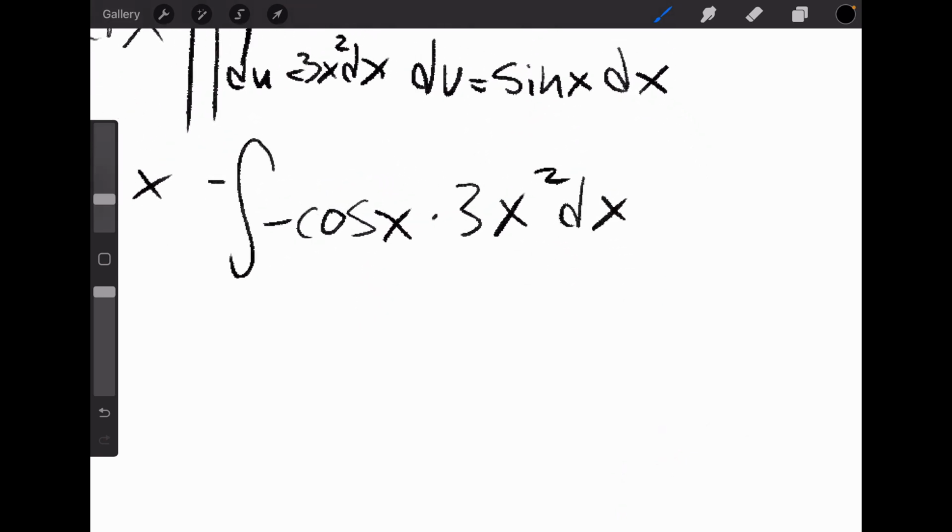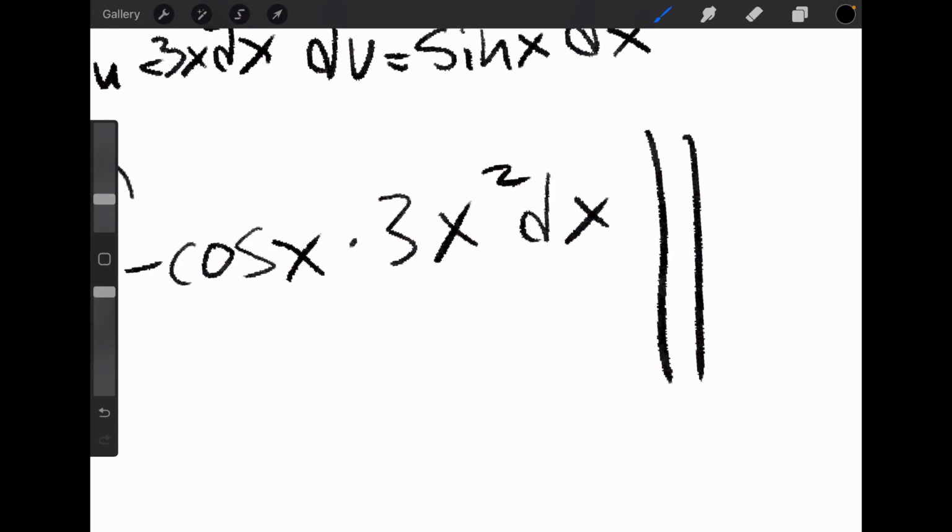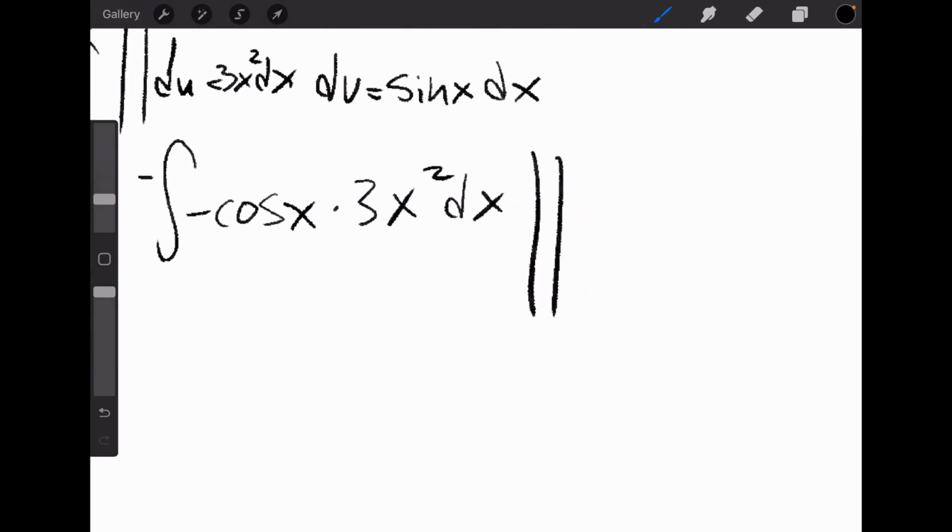And once again, we're going to have to use integration by parts because we can't use any other form of substitution, any other integration technique. And we're going to have to keep doing this until the x drops out.